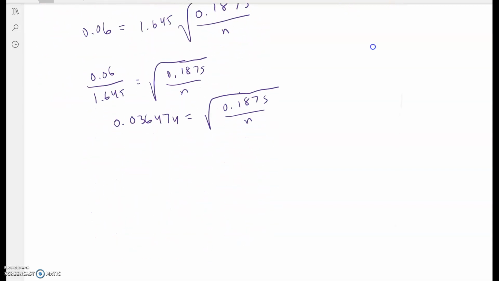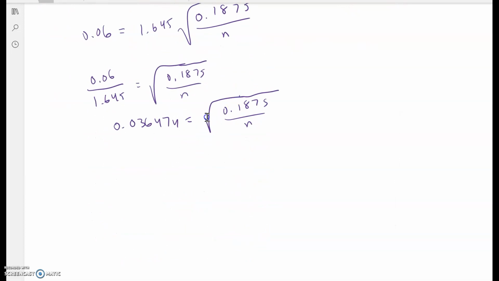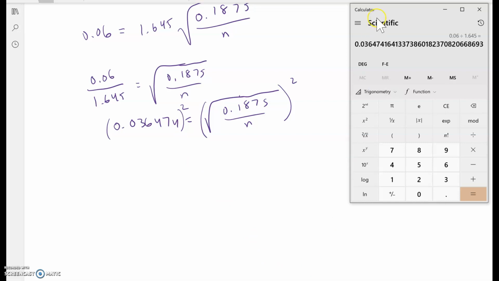Okay, now what's the opposite of square root? Well, that's square. So you square this side, square the other side. So the square and square roots cancel. And you have 0.036474. You square it. On my calculator, this number is sitting on the screen right now. The unrounded number, it's precise to like 20 digits or something.